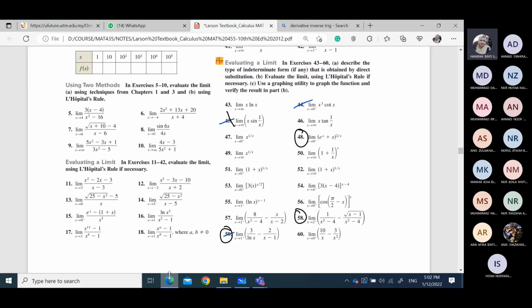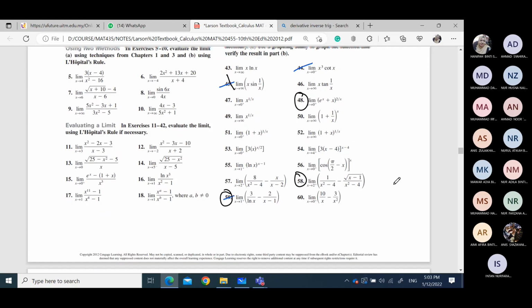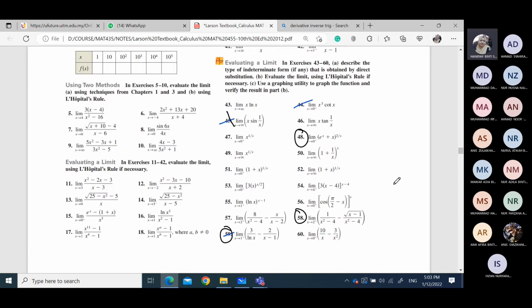Alright, so last one, 50. Second last, 58. Limit as x approaches 2 for 1 over x squared minus 4 times square root x minus 1 over x squared minus 4. So for this one, if you find the limit of 1 over x squared minus 4, we have 1 over 2 squared.